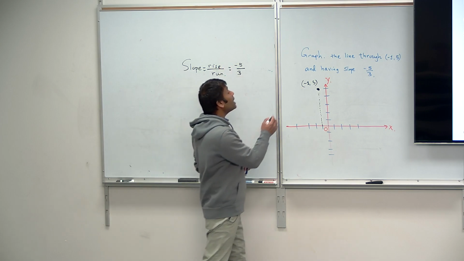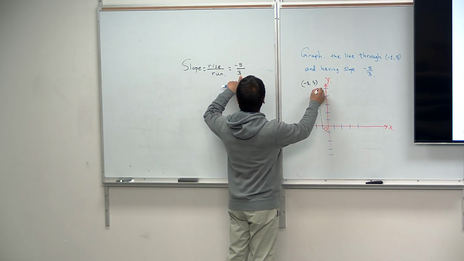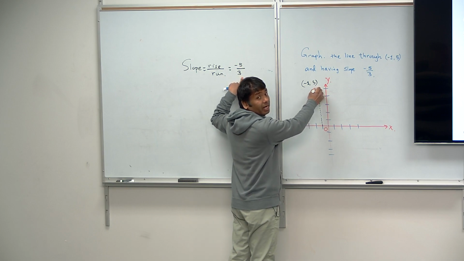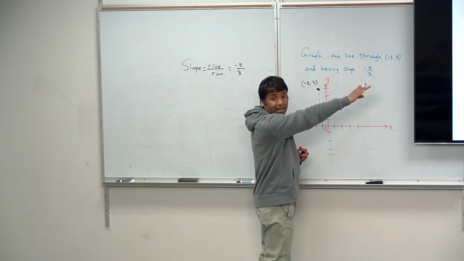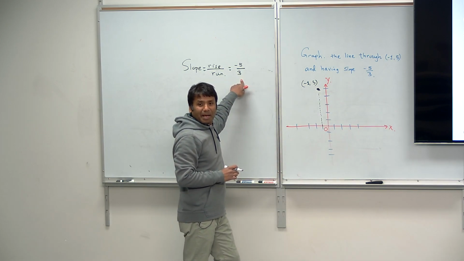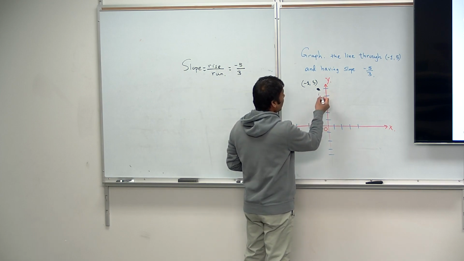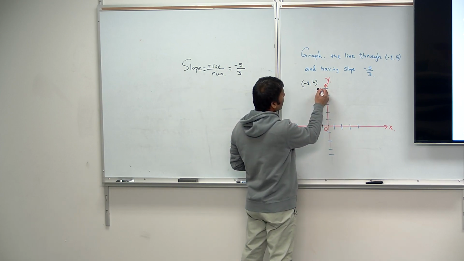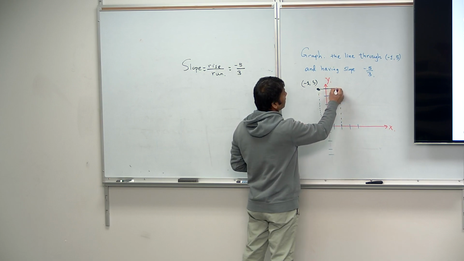So now from this point, what is the horizontal distance? 3 units. So you can go 3 units to the right, because 3 is positive here. Are you with me? You go 1 unit right, 2 units right, and 3 units right.